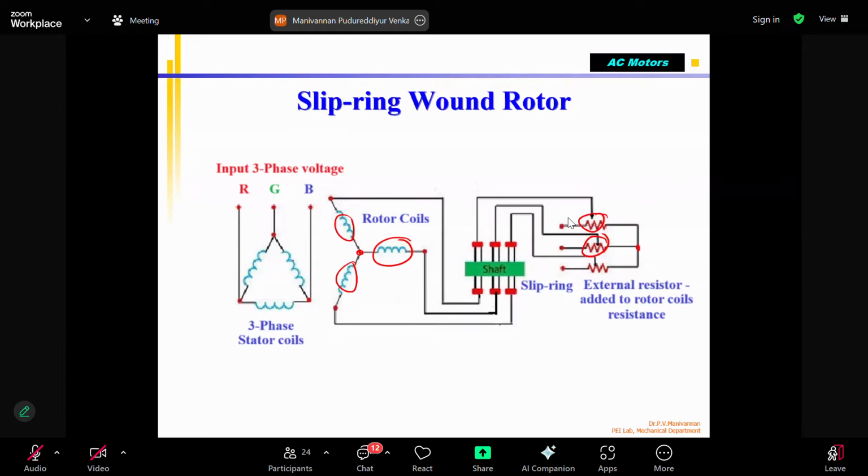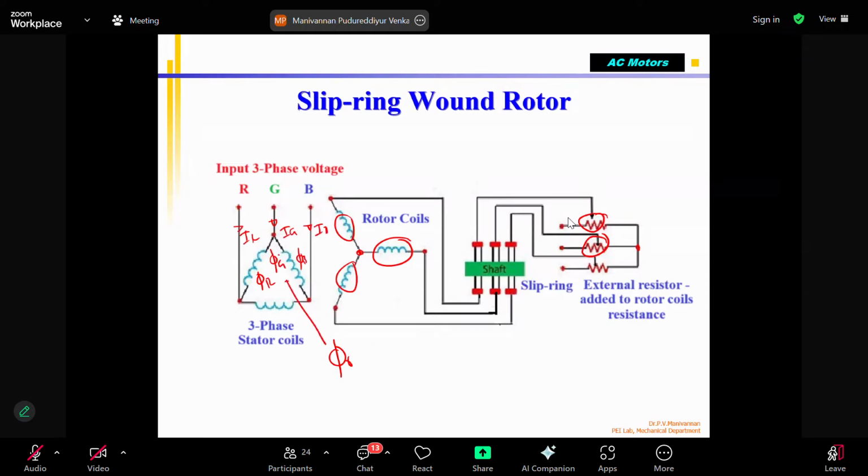Now, as I told you, since we are supplying a three phase RGB voltage, the currents are IR, IG, IB. So it creates phi R, phi G, and phi B magnetic flux. Because of this, we get a resultant magnetic flux.